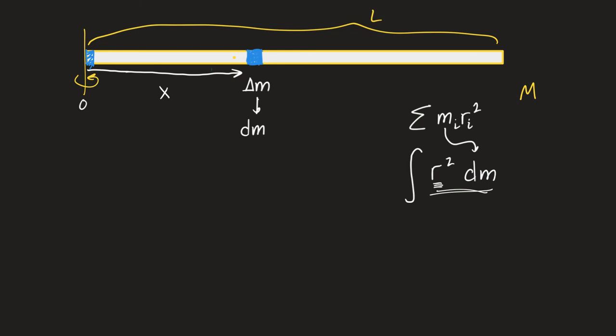When x is 0, I'm pointing at the first mass. And is there an x that will point at the last mass? I think yes. When x is L, I can point at the last mass. And is it clear that between 0 and L, I will be able to take in every piece of mass of my object? So we are choosing a variable that can point to any mass on the object, and I've defined where the first object is and the last object.